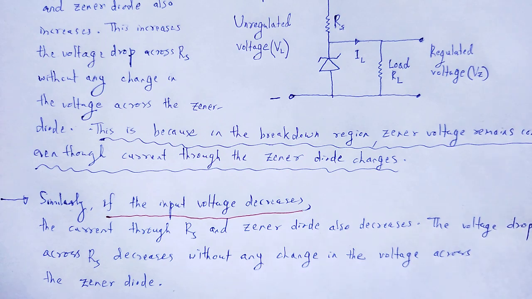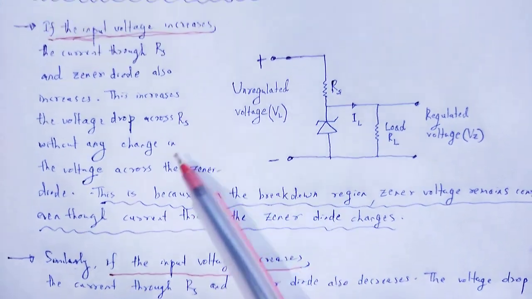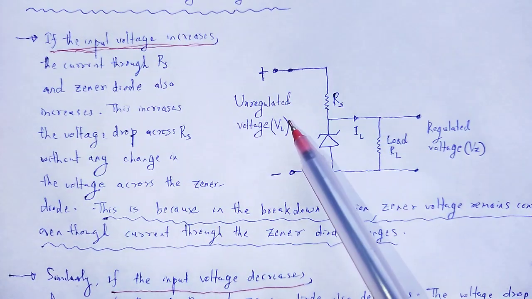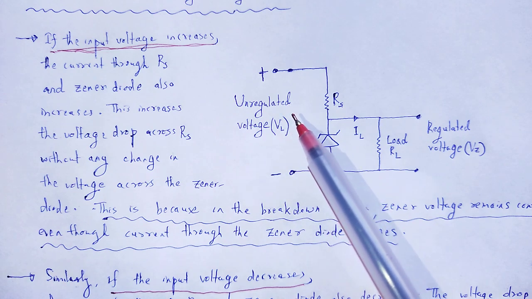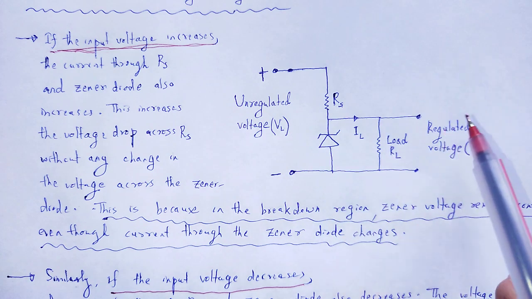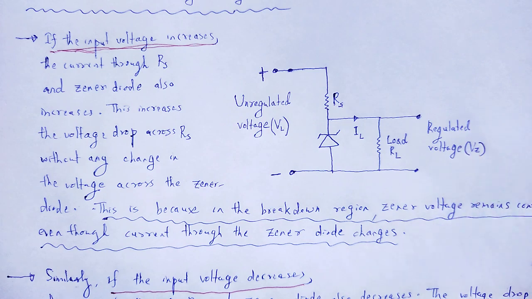In this way, with either an increase or decrease in the unregulated voltage, finally we obtain the regulated voltage.